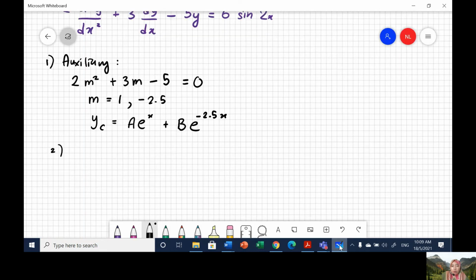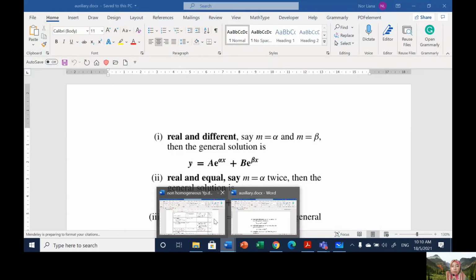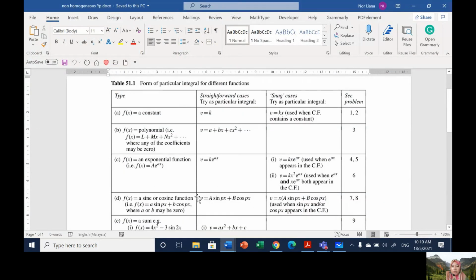When we refer back to our yc, we have A e^x plus B e^(-2.5x). There is no trigo function in this yc. So in this case, we have the basic case.